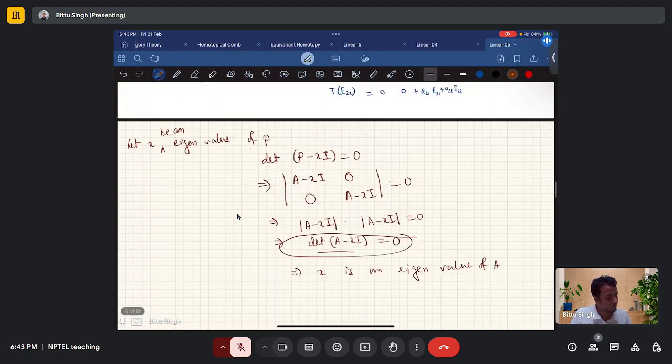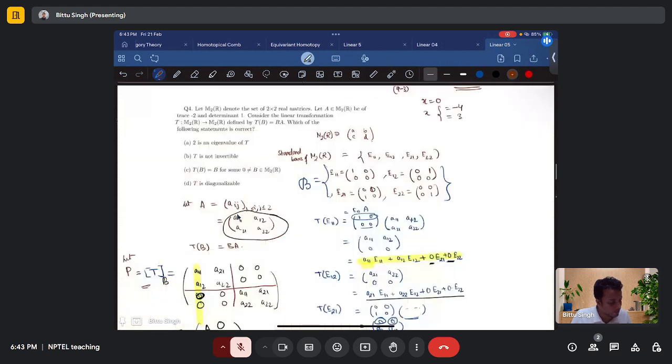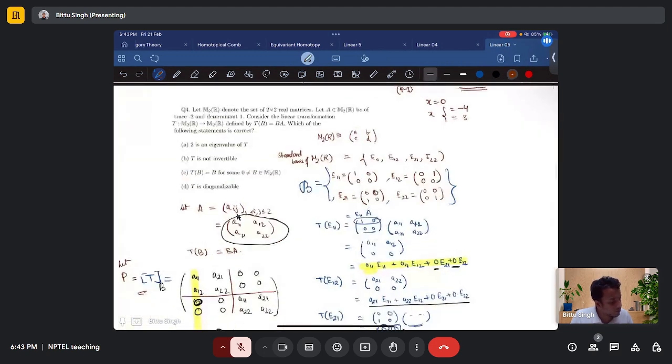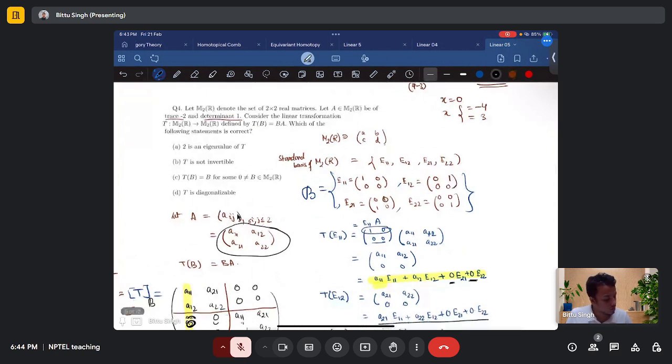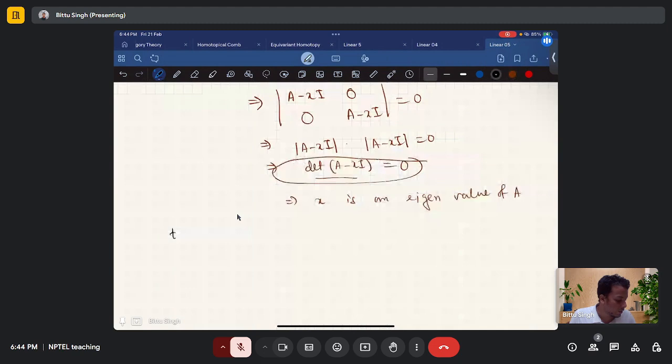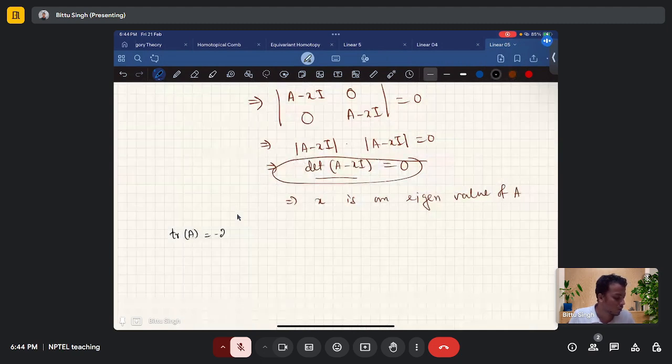But what are the eigenvalues of P? Eigenvalues of A. It is given that the trace of A is -2 and the determinant of A is 1.